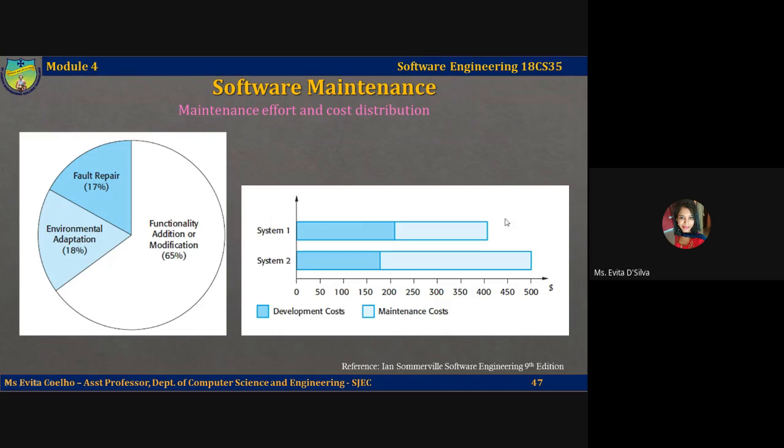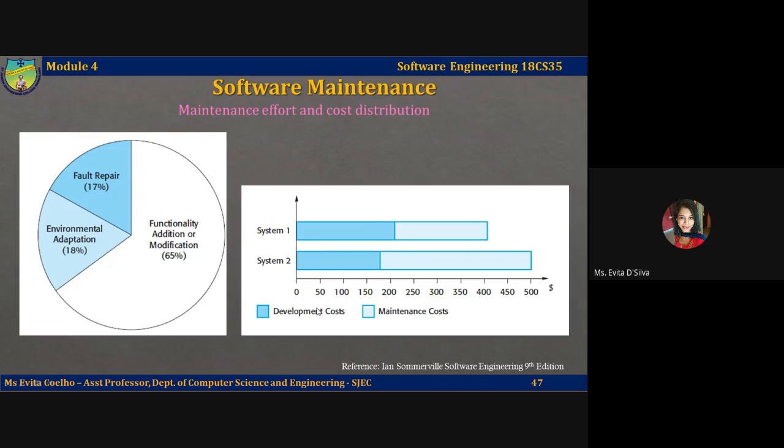Now, this part of the figure shows the overall lifetime costs of the maintenance, or I should say, the maintenance effort distribution, how it is distributed throughout the lifetime of the system. So, this is the overall lifetime cost, and you can see it may decrease as more effort is expended during system development to produce a maintainable system.